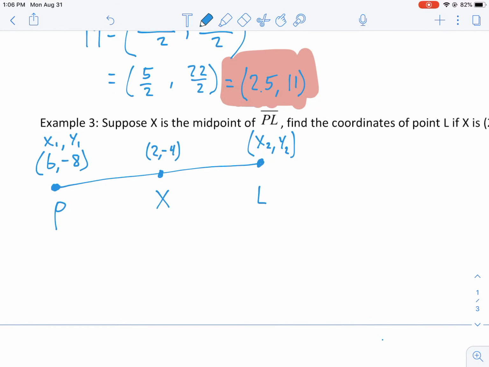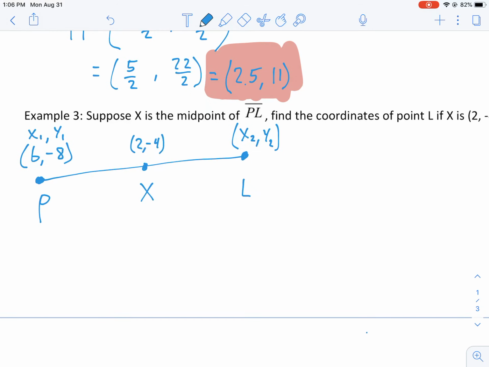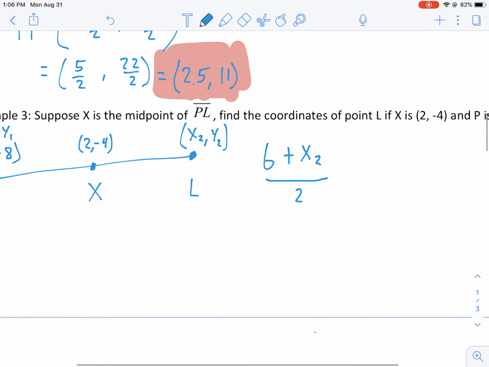because essentially what you have is 2 equations, okay? We know the answer, right? We know that 6 plus x2, divided by 2, is going to equal 2, because that's the x coordinate of the midpoint.